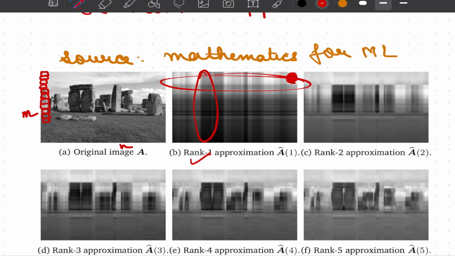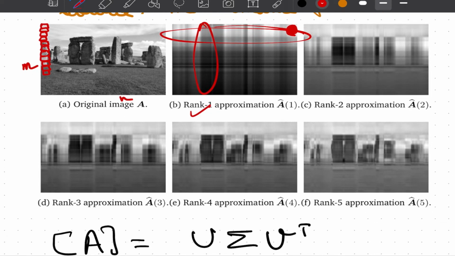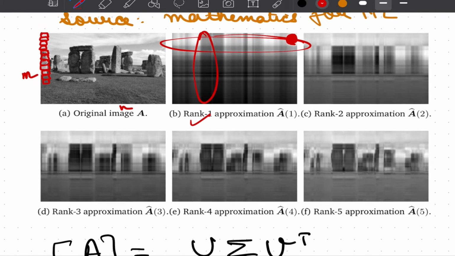As we go towards the rank 2 approximation, or in fact rank 3 and rank 4 approximation, you see that certain components of the image are getting clearer and clearer. Now you are able to detect some edges. You are able to discretely identify some objects, but you would never know whether that particular object is a tomb, or a rock, or something else. All you see is that some square form is coming up.